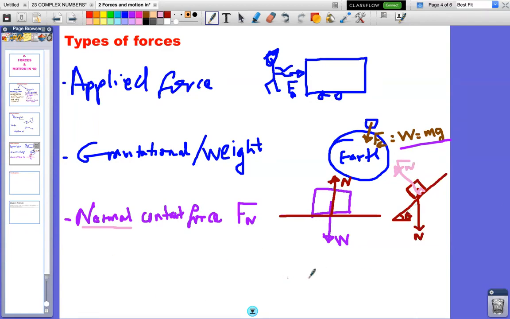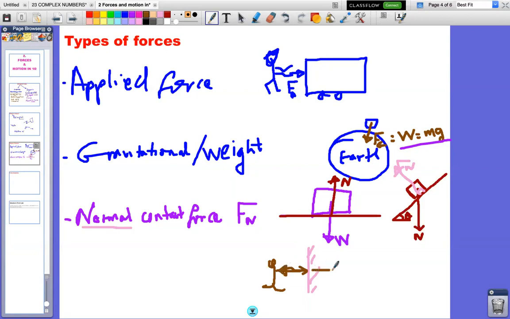In other words, if this is the wall of my house, and I am standing here, and I push on this wall, even just touch the wall, it is going to also push back on me.